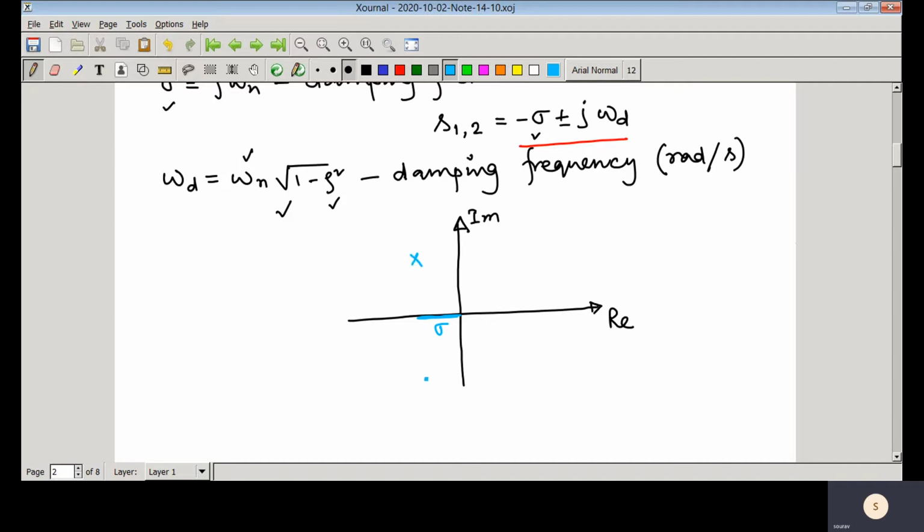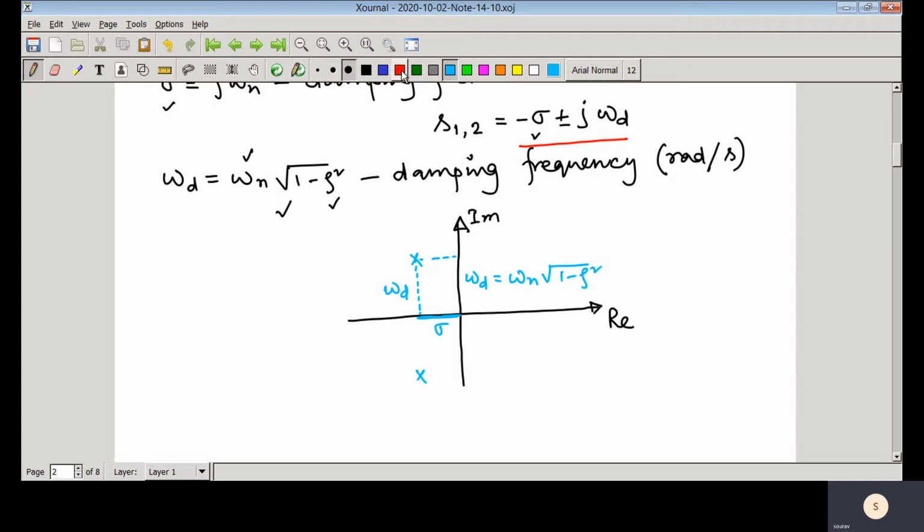Here you have one pole and here you have another pole, they are complex conjugates, and this length is omega d, plus j omega d on the positive side, minus j omega d on the negative side. So omega d equals omega n square root of 1 minus zeta squared.